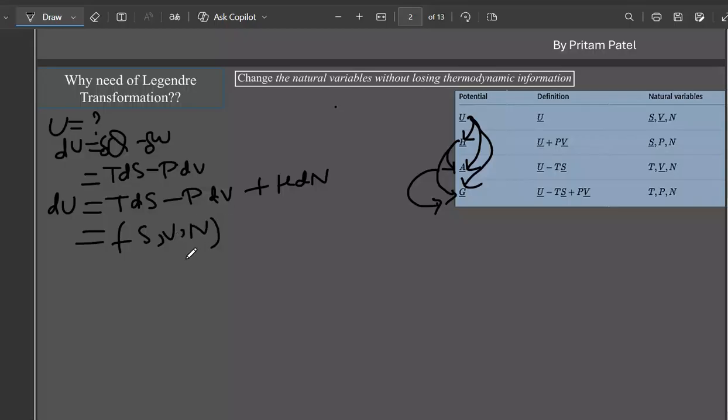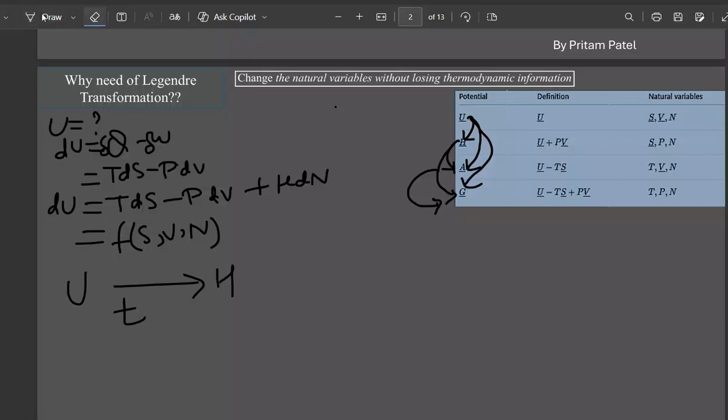From the above equation we can easily find that the internal energy is a function of S, V and N. Next in this lecture, after some time, I will also discuss how U is changed to the enthalpy using the Legendre transformation.